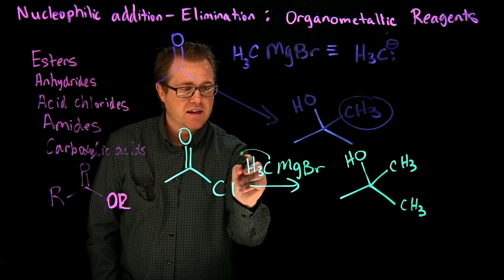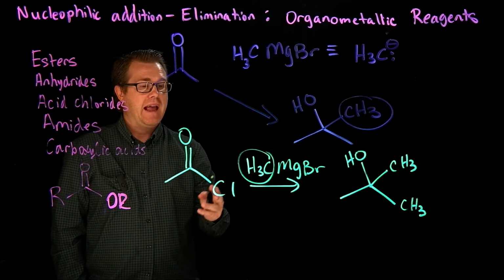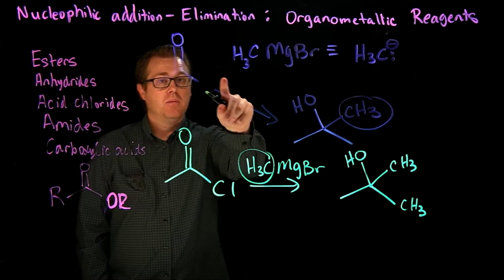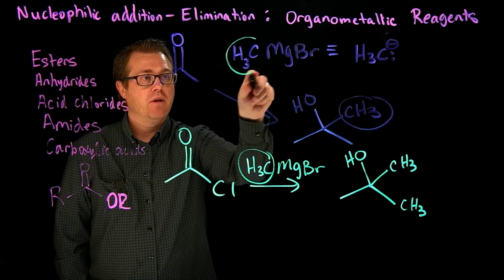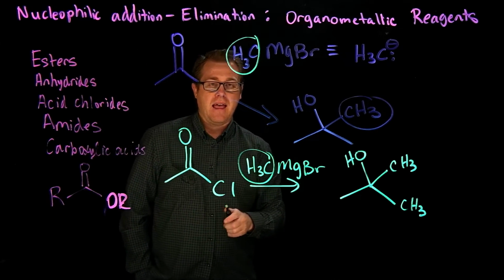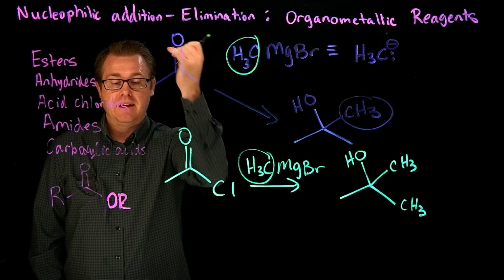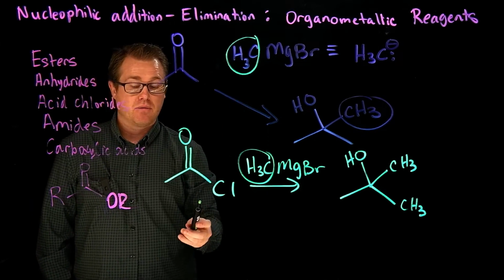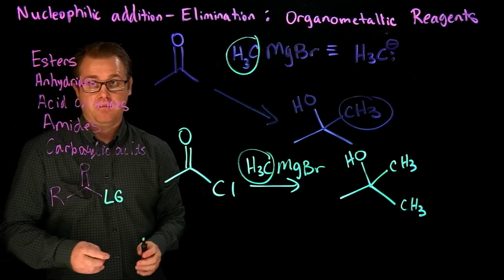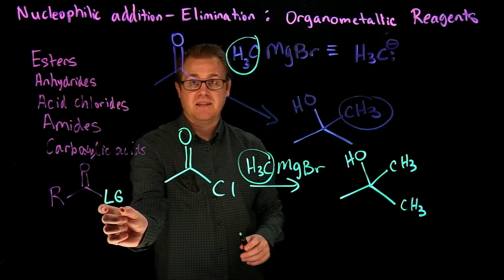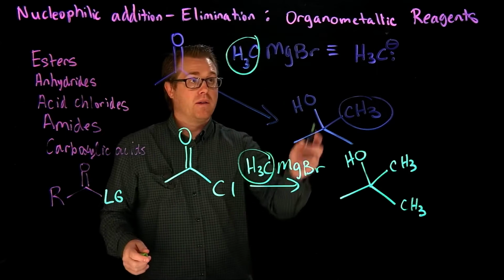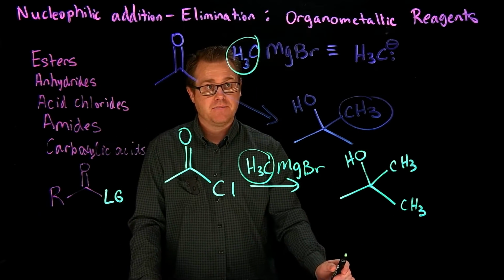We added this CH3 to that carbonyl carbon twice. But in a ketone and an aldehyde, we only added it to that carbonyl carbon once. The difference between a ketone and an aldehyde versus the carboxylic acid derivatives is the fact that we have a leaving group. And that leaving group allows us to add the Grignard or the organometallic reagent twice.